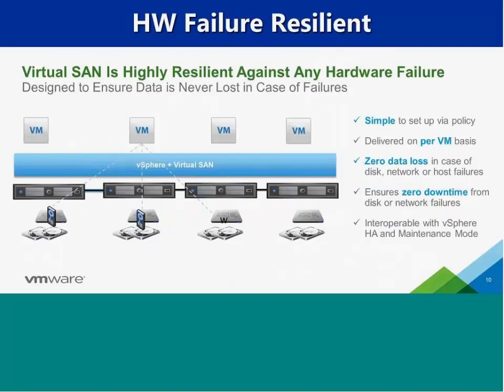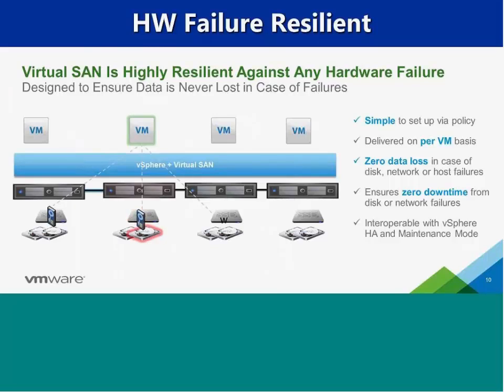So virtual SAN is highly resilient against any hardware failure. When you're provisioning your VM, you get to choose a storage policy-based management, and one of them is fault tolerance, which means how many failures can I tolerate? That's a network failure, that's a host failure, that's a disk failure, it could be an SSD failure. Any of those things it can tolerate because it does an N+1.